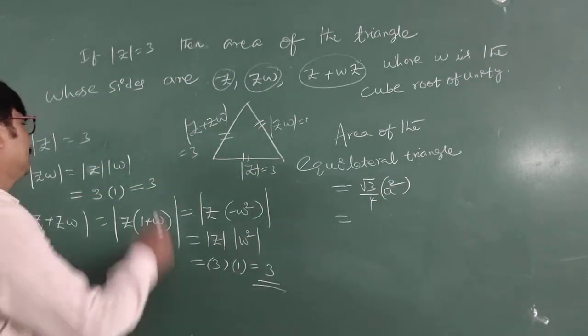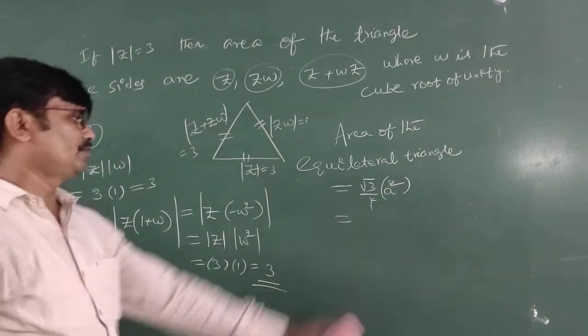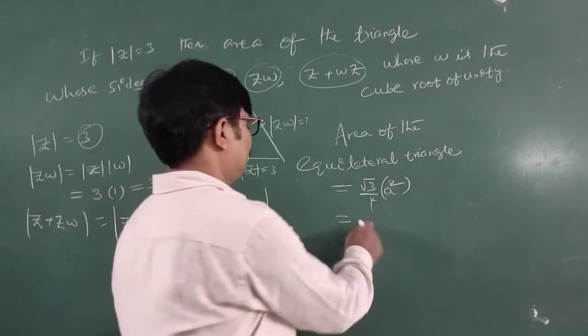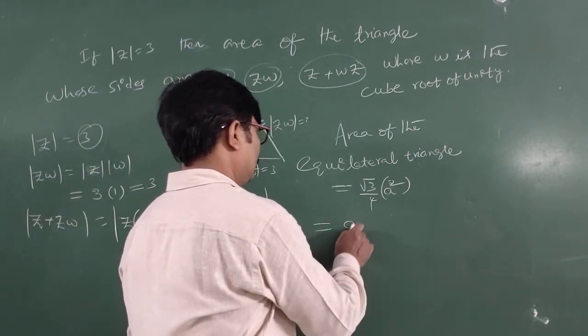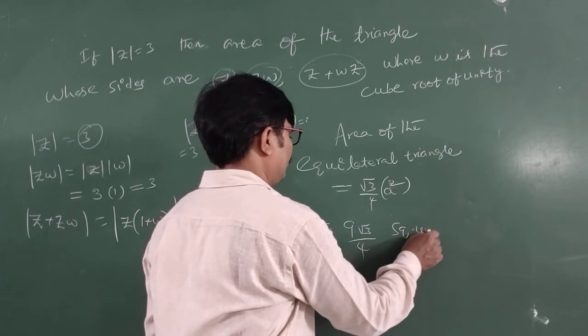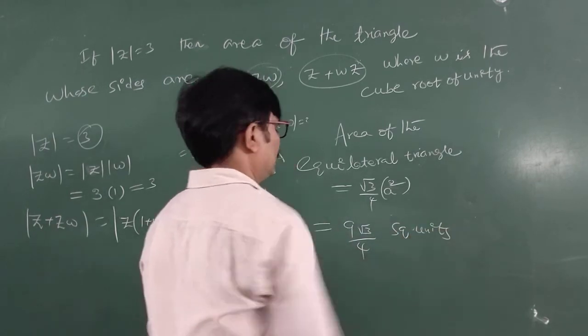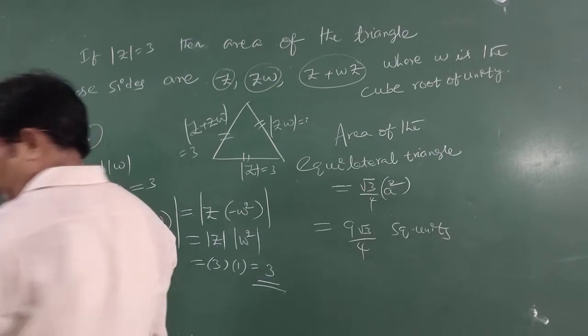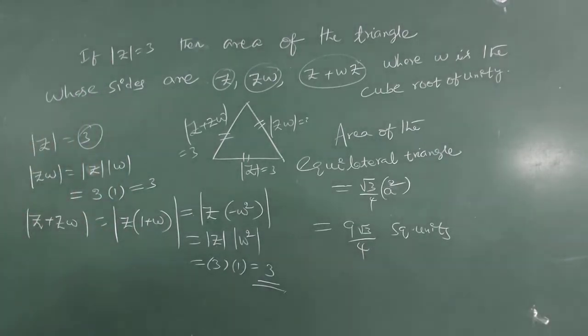Here a is 3, and 3 square is 9. So the required area is 9 root 3 by 4 square units. Okay students.